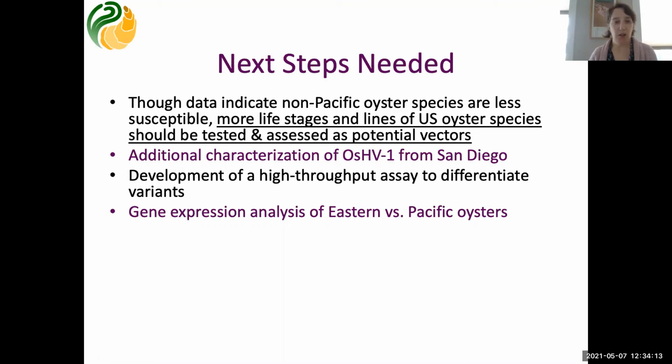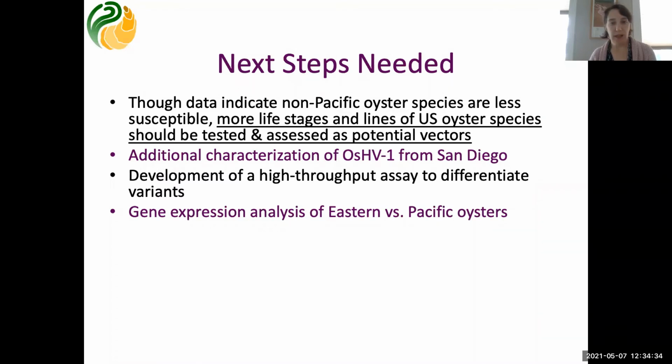And in fact, I just received funding from the USDA aquaculture to look at C. virginica, specifically to both look at susceptibility of families, as well as to look at whether there's a genetic basis for resistance. There needs to be additional characterization of OsHV-1 from San Diego.